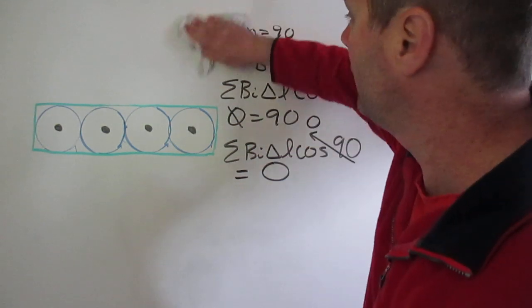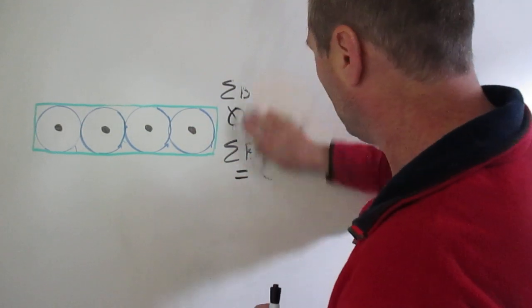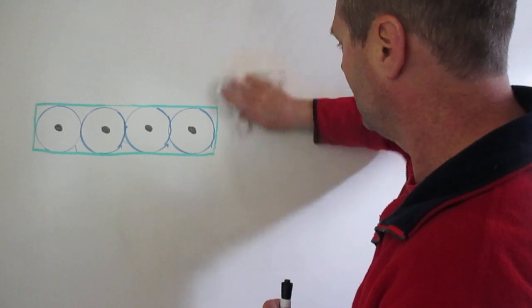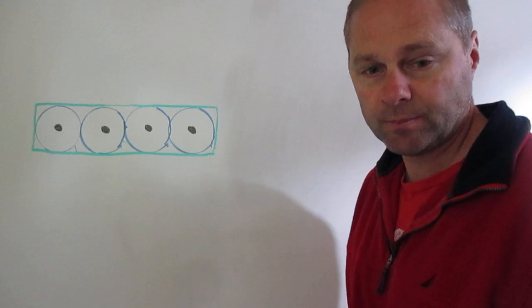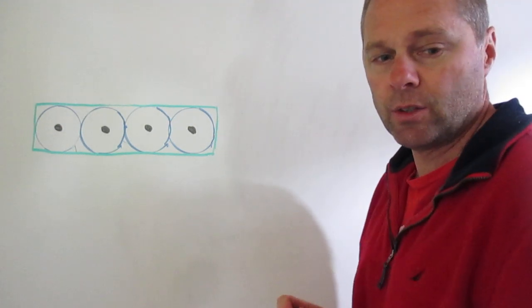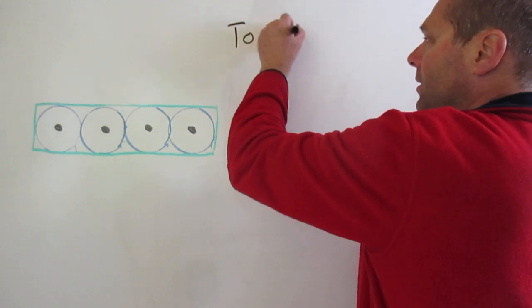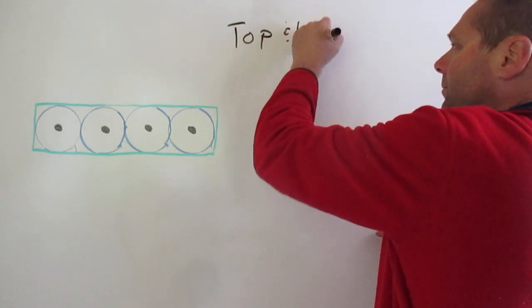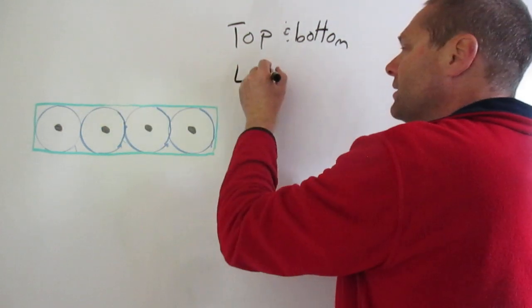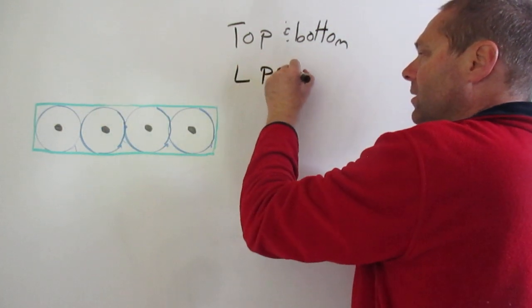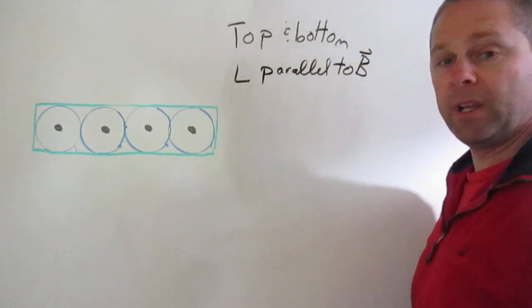Now let's look at the horizontal sides of our box. So if we look at the top and bottom, our L, the length, is going to be parallel to our B field.